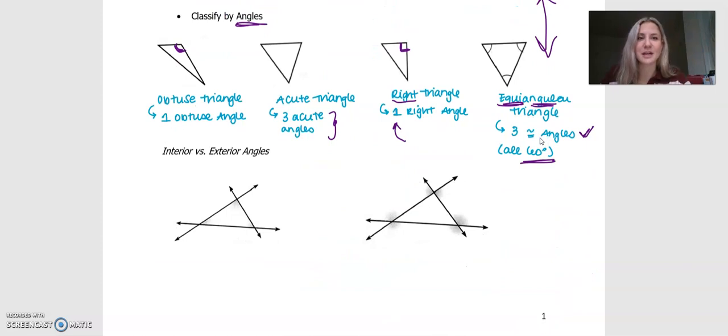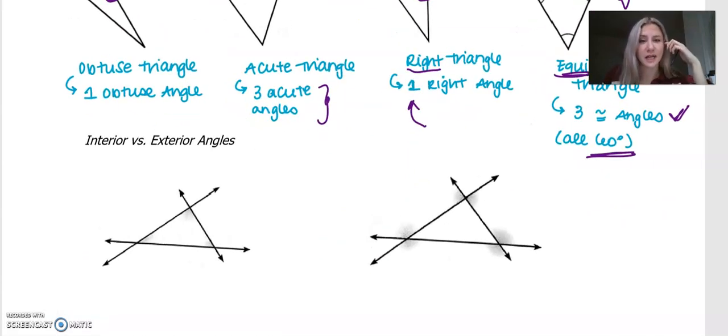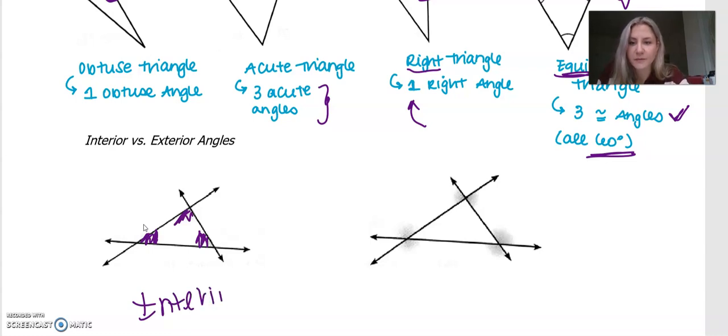Some more vocab here. We're going to talk about interior angles and exterior angles, and it's pretty much what it sounds like. Interior angles are on the inside, so here are interior angles. My handwriting's sloppy when I'm doing it like this.